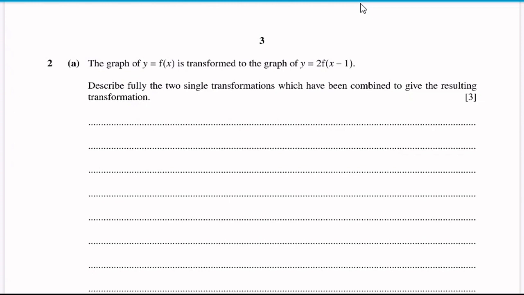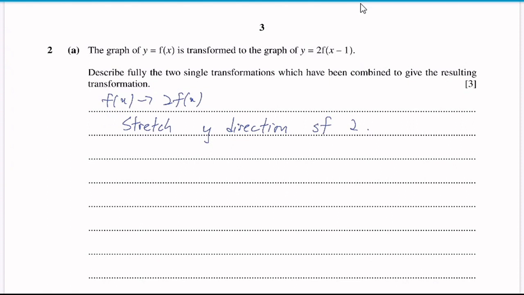So here, we can see that first f(x) becomes 2f(x). So this is a stretch in the y direction, scale factor of 2. I just write some short forms here. And then from 2f(x), it becomes 2 of f of x minus 1.